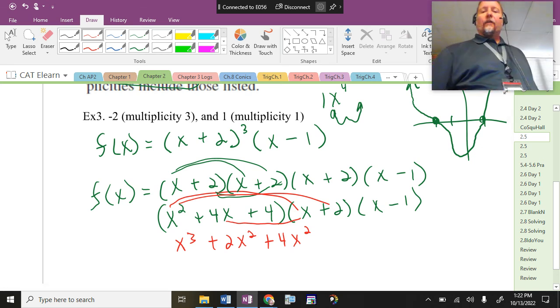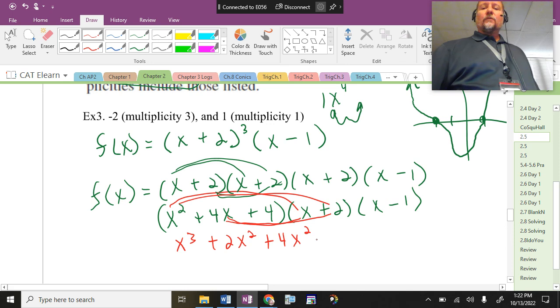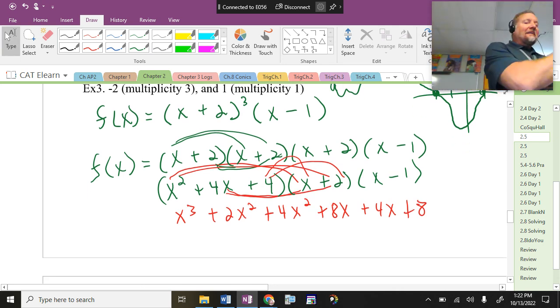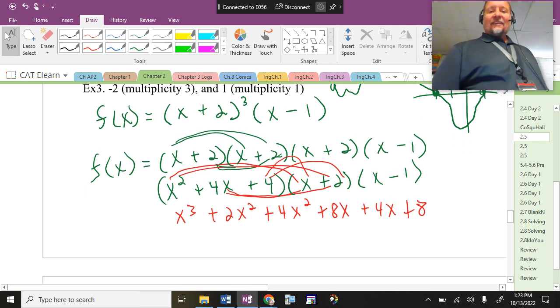That's a nightmare. 4x times 2 is 8x. In doing this, I'm getting my like terms right next to each other, too. This is nice. 4x and 4 times 2 is 8. I'm not going to listen to anyone that says this is difficult. It's just lengthy. There's a difference. Okay, so this is x cubed plus 6x squared plus 12x plus 8.